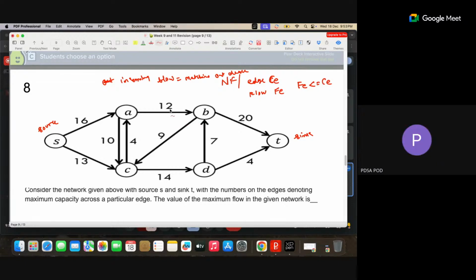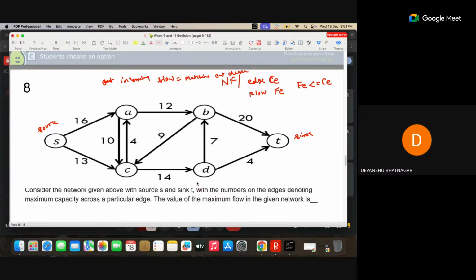Whatever 12 you received, you are able to send 12 directly from B to T. No problem. But this 4 you are getting at C, plus this 13 coming here, makes 17. Can we flow 17 from C to D?